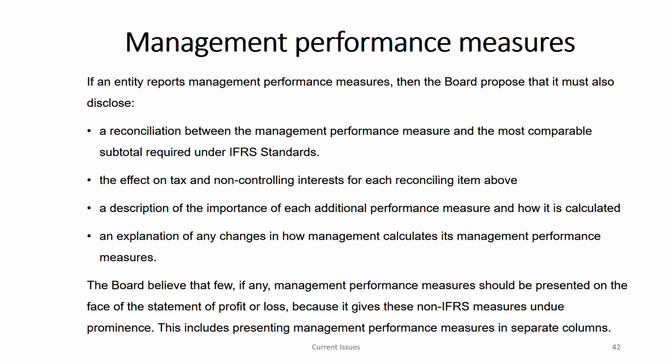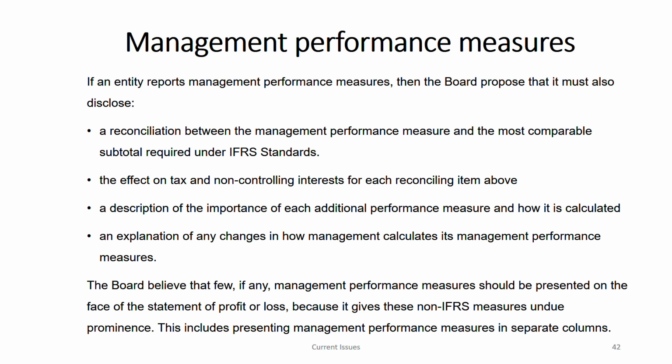Because otherwise it gives the non-IFRS measures undue prominence. All the management performance measures would be taken as very important, whereas in reality only very few are very important. That's the reason they said let's put those on the statement of profit and loss, to show that the importance is increased for those measures presented on the face of the statement of profit and loss.